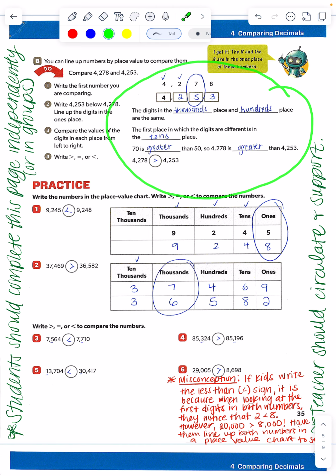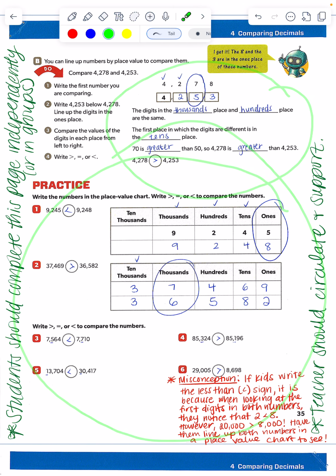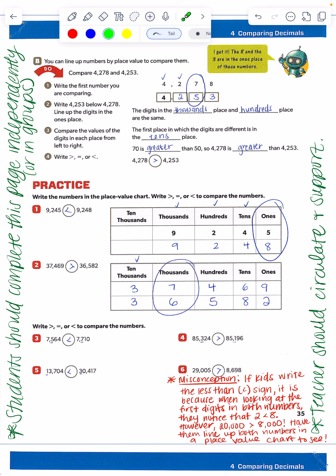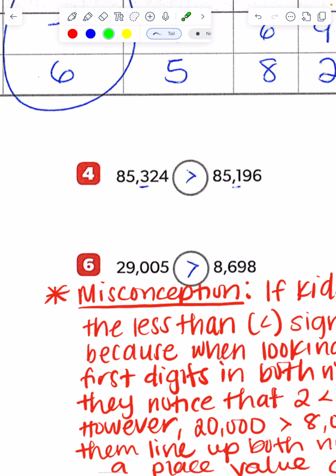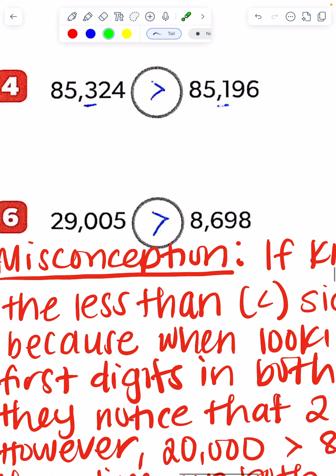They are going to be comparing numbers throughout this entire page. I do want to highlight question 6 though. So question 6 is unique because students will look at that leftmost place value first, or the first digit, right? And so for some students, they might say, okay, well, this digit is a 2 and this digit is an 8.